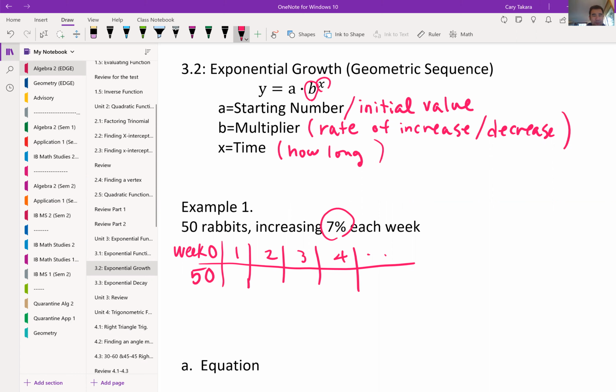At week 0, we have 50 rabbits, right? Now, after 1 week with a 7% increase, how many rabbits are we going to have? It's got to be more than 50, isn't it? But exactly how many? 3.5 more rabbits? Yeah, Gentry, how did you get 3.5 more rabbits?